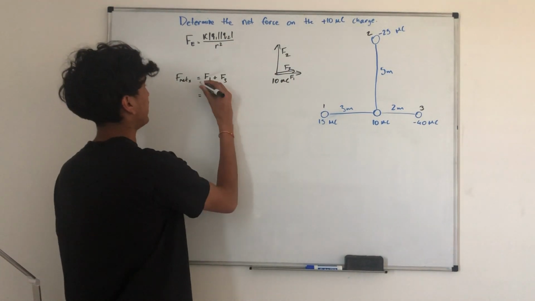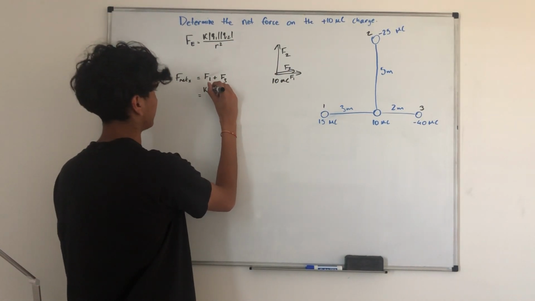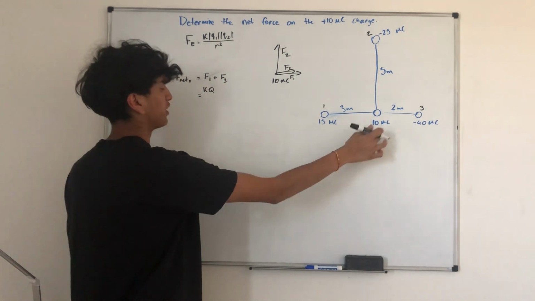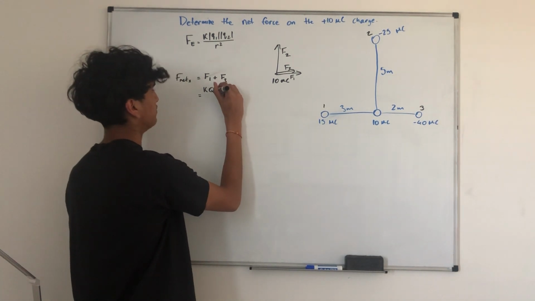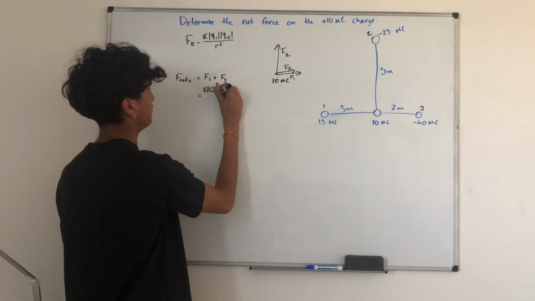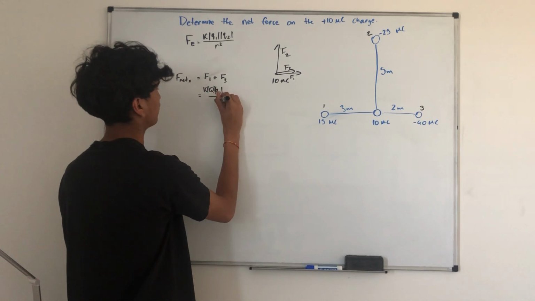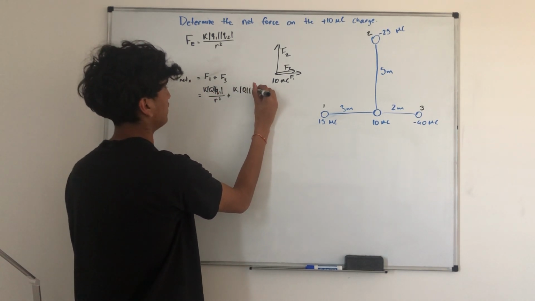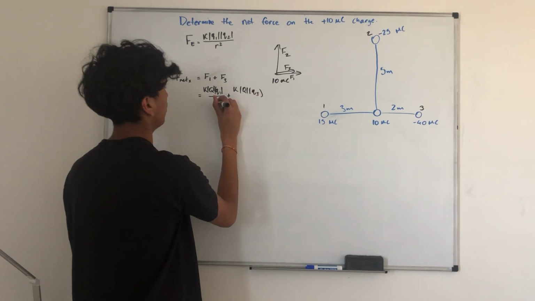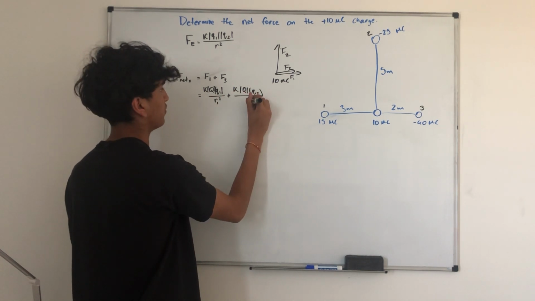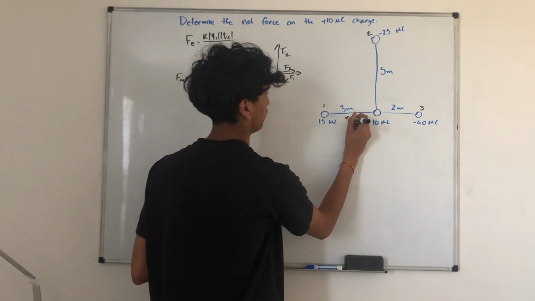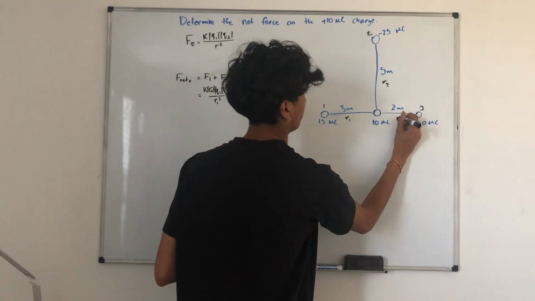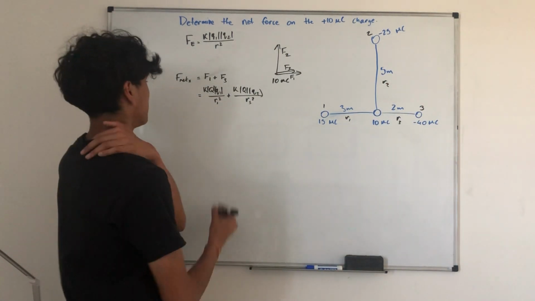So F1, write your equation: K, Q for the 10 microcoulomb, I'm using big Q, times Q1, with absolute values, over R1 squared, plus K Q times Q3 over R3 squared. This is R1, R2, R3. And then from here, you just plug in your numbers.